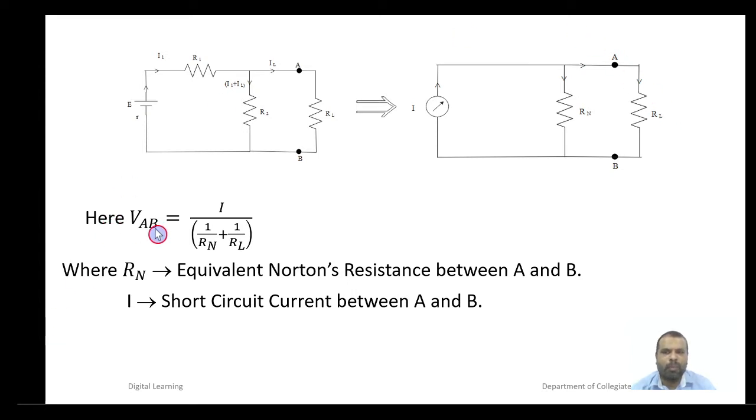Here VAB is equal to I divided by (1/Rn + 1/RL), where Rn is the equivalent Norton's resistance between A and B, and I is the short circuit current between A and B.